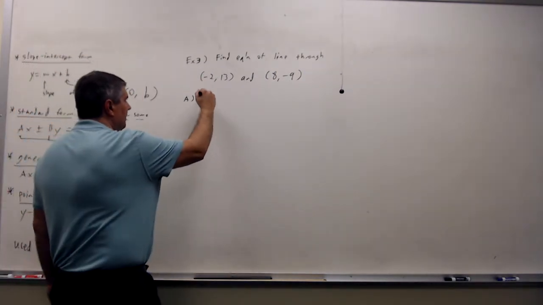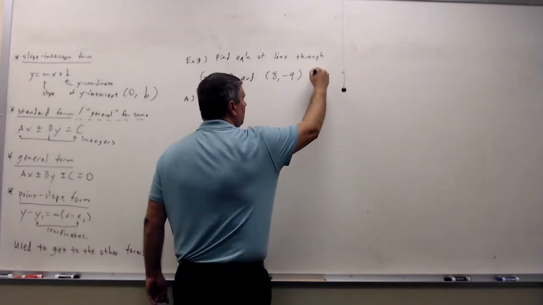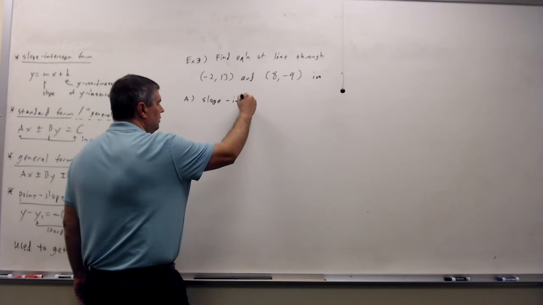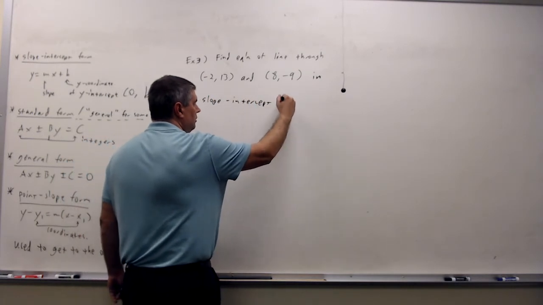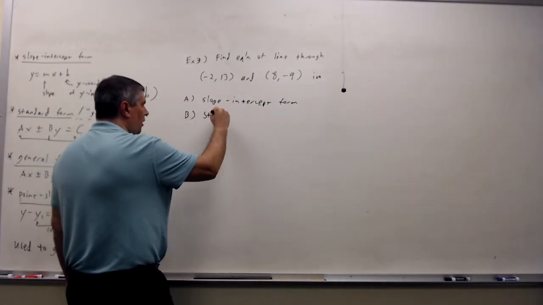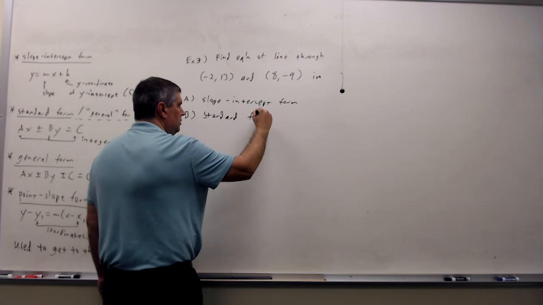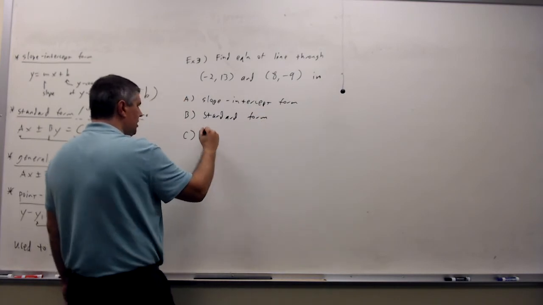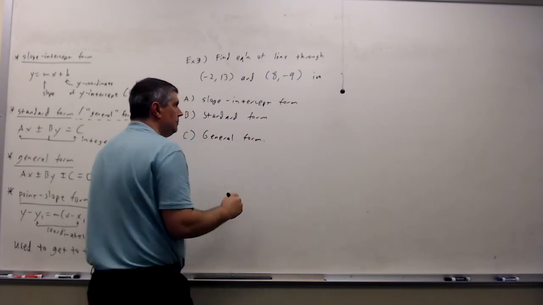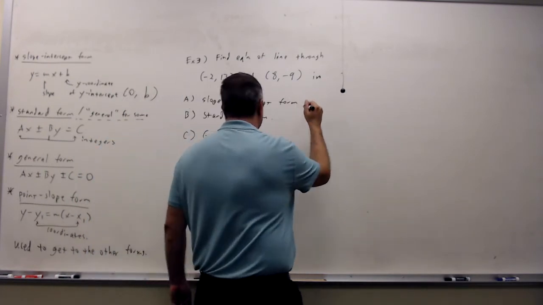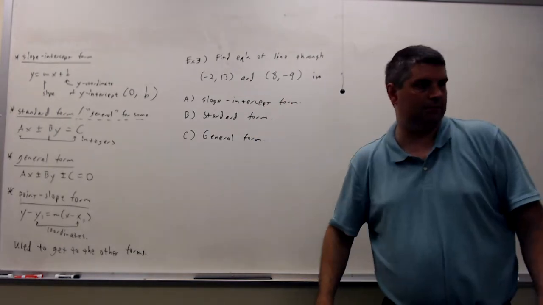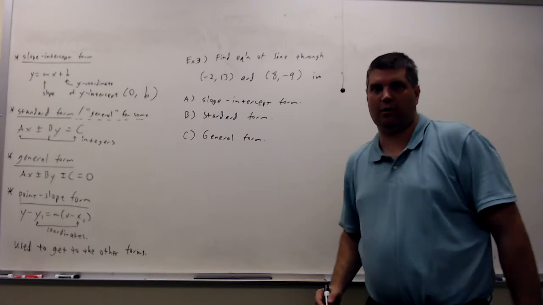A, in slope-intercept form, B, standard form, and C, the general form. The real general form. What's normally thought of as general form.